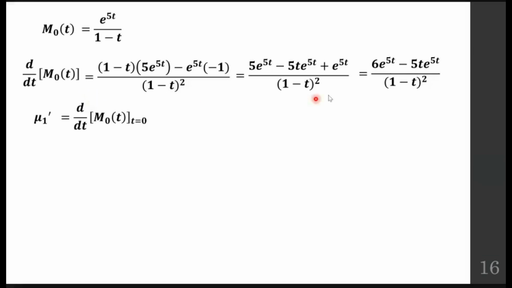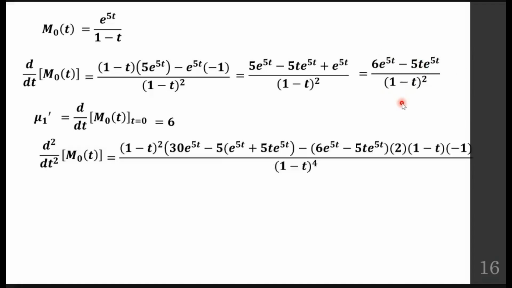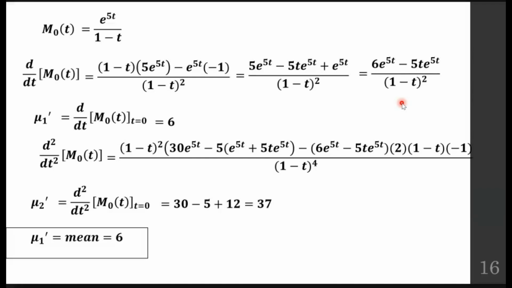When t equal to 0, here we get 6, and 1 minus t is equal to 1. So mean is equal to 6. Again differentiating this using u by v and calculating at the point t equal to 0, we get the answer to be 37. So variance is equal to 1. Okay?